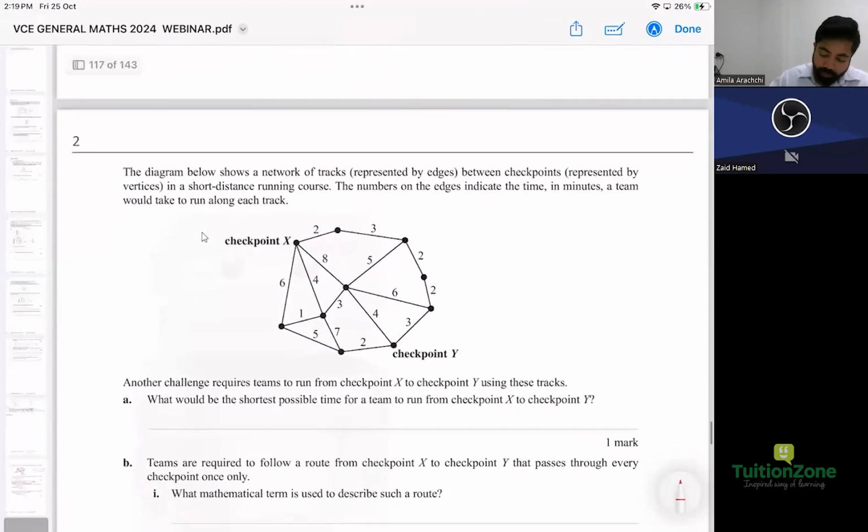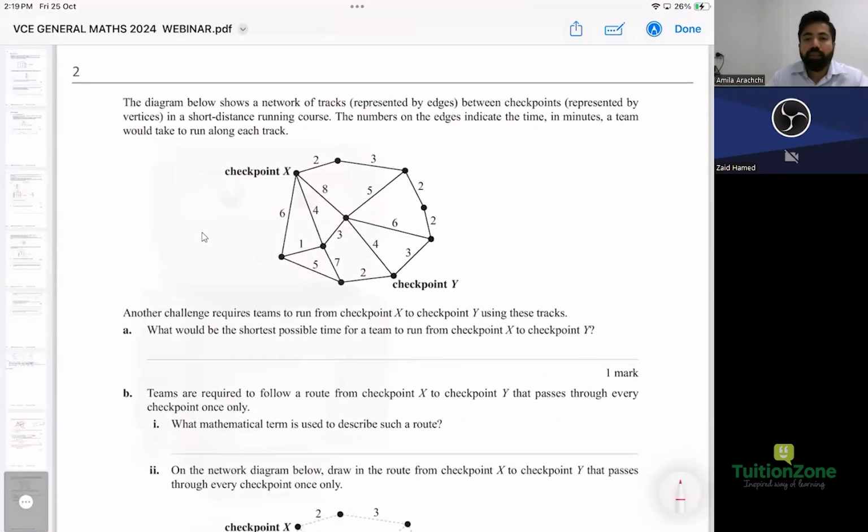So try number 2 as well. So I have checkpoint X, checkpoint 1. Let's read. Okay, they're asking what's the shortest path. You can just work it out by looking at the network.